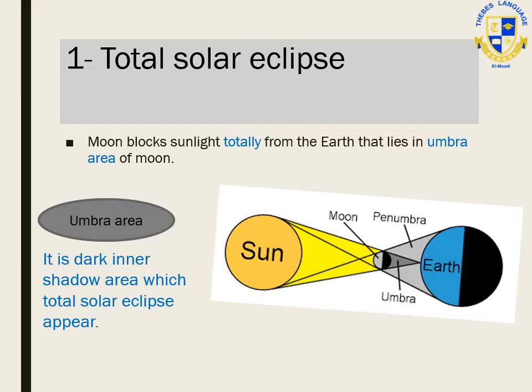So when people on Earth are in the umbra region, the dark inner shadow area, they cannot see any part of the sun, and this is what we call a total solar eclipse.